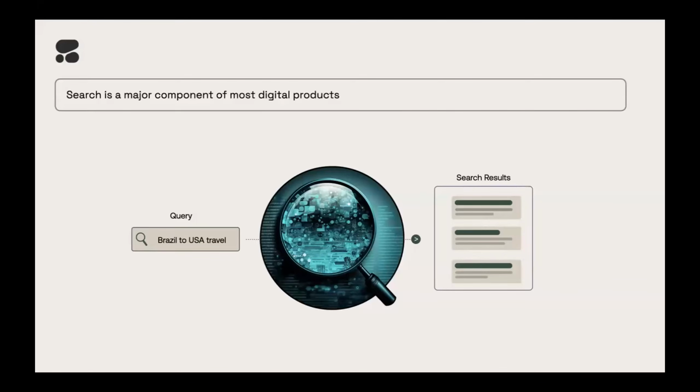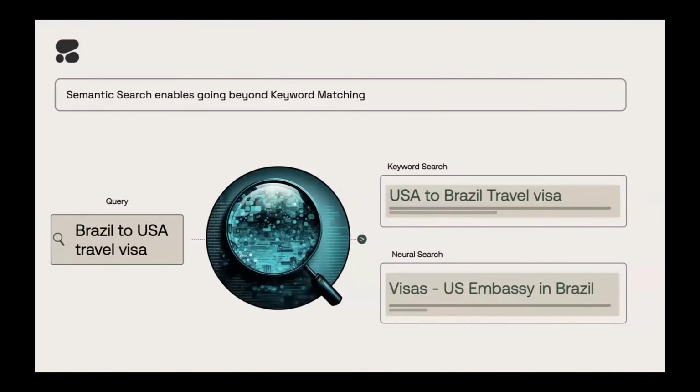So let's think about a query. Let's say you want to travel for a business conference or something, and you're in Brazil, and you want to search for Brazil to USA, and maybe the policies of your company for stuff like that. Now, if you use a naive keyword search system, which is the systems before language models for search, it might get you this result: USA to Brazil.